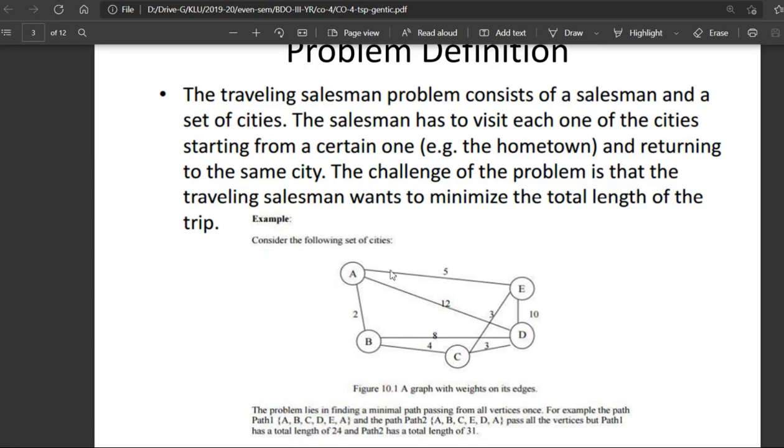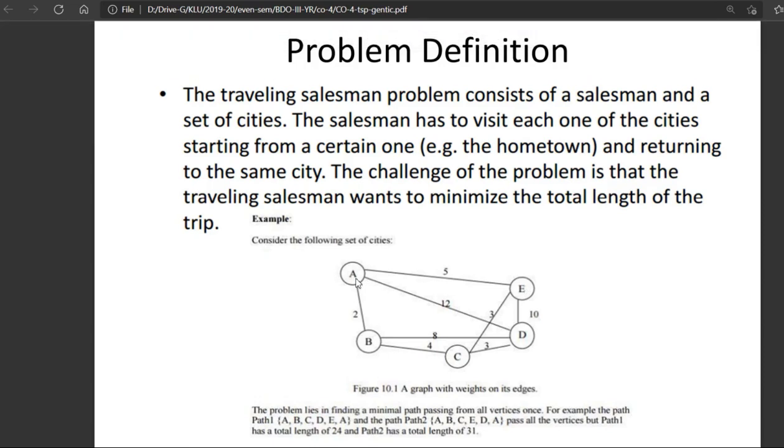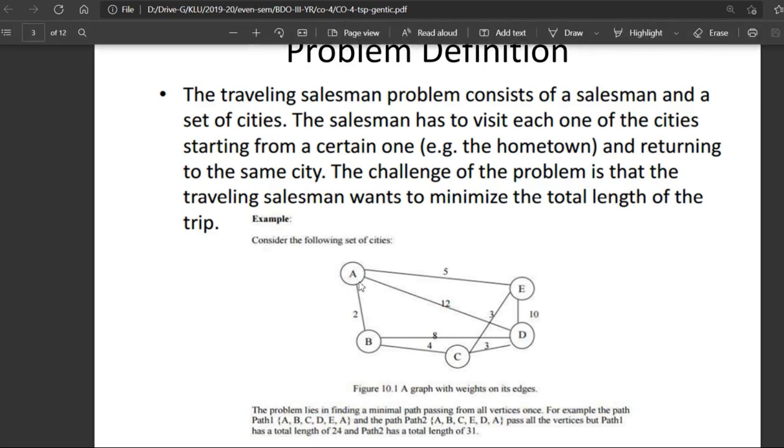This problem is modeled graphically in the form of a graph structure, where cities are represented by nodes and edges represent the distance between two cities.